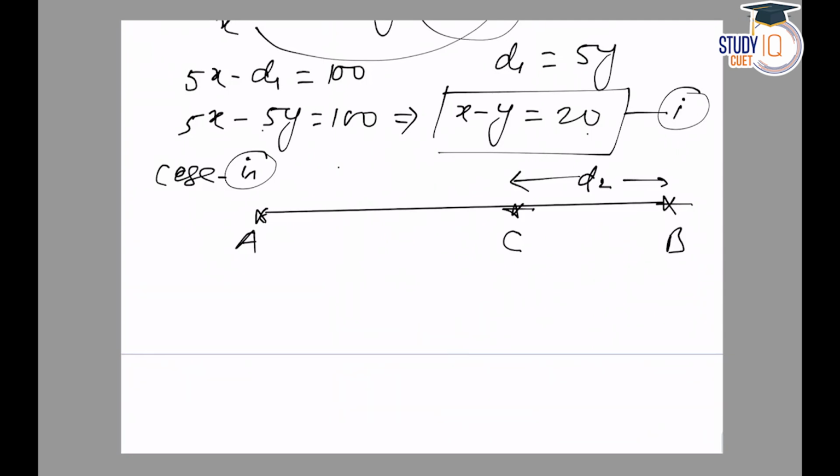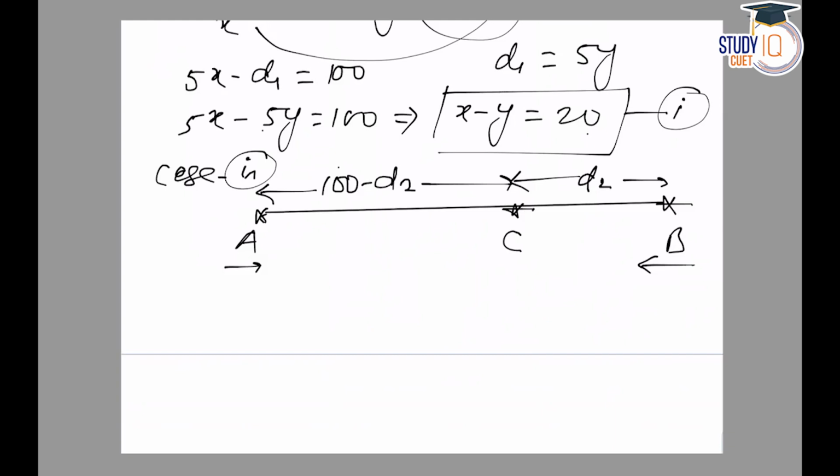So the distance between A and C becomes 100 minus d2. So if car A and B are moving in the opposite direction, they will meet after 1 hour. That means car A must travel the distance 100 minus d2 in 1 hour, and car B must travel the distance d2 in the same time.